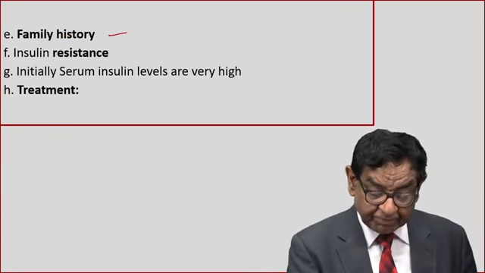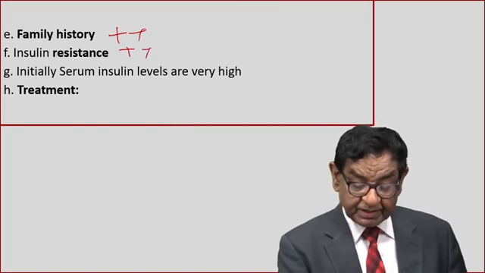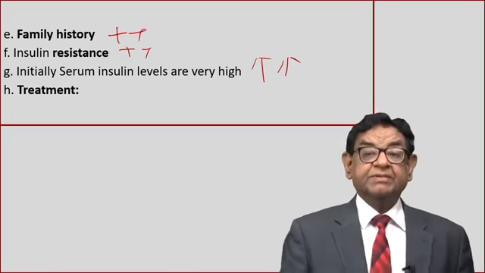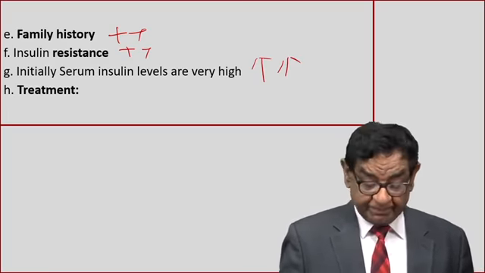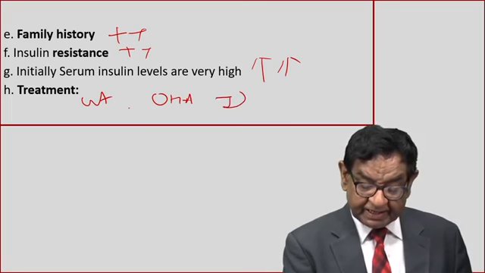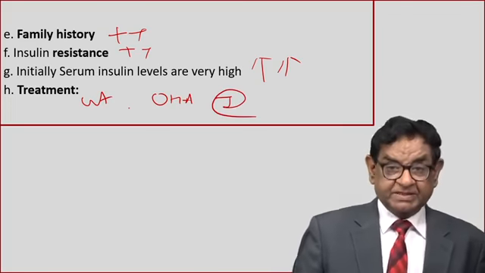Family history is strongly positive. Insulin resistance is there, and initially serum insulin levels are very high. That means a stage of hyperinsulinemia. Treatment is weight reduction, oral hypoglycemic agents, and lately insulin. Insulin is required in some cases only.